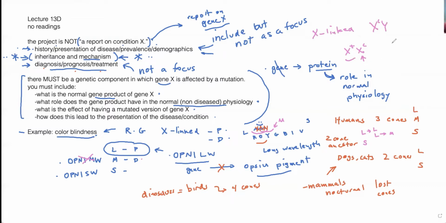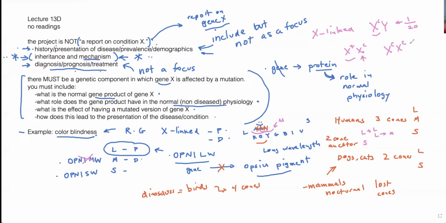right? And so the only way for a female to actually have color blindness would be for them to be XC, XC. And this is going to happen far more rarely. And so that's why males are at around a 1 in 20 likelihood of being colorblind, because one X chromosome out of 20 in the human species is the one that carries the color blindness gene.